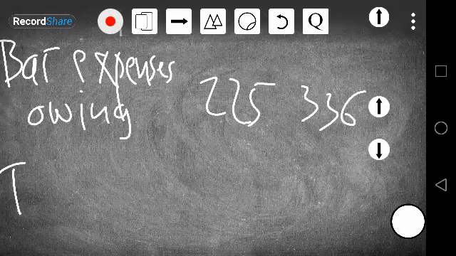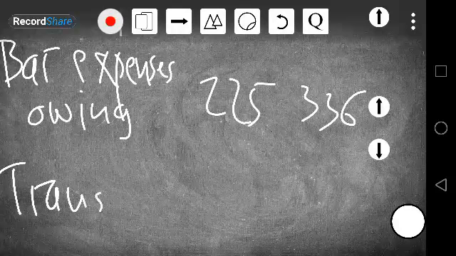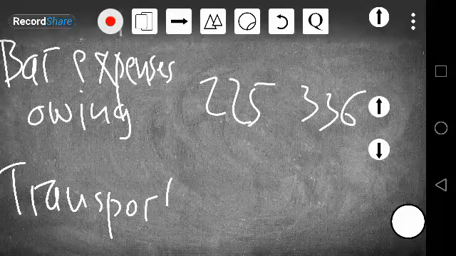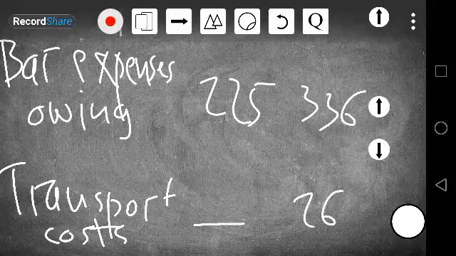Then we have transport costs, we have no figure here, and we have 265 the other side.